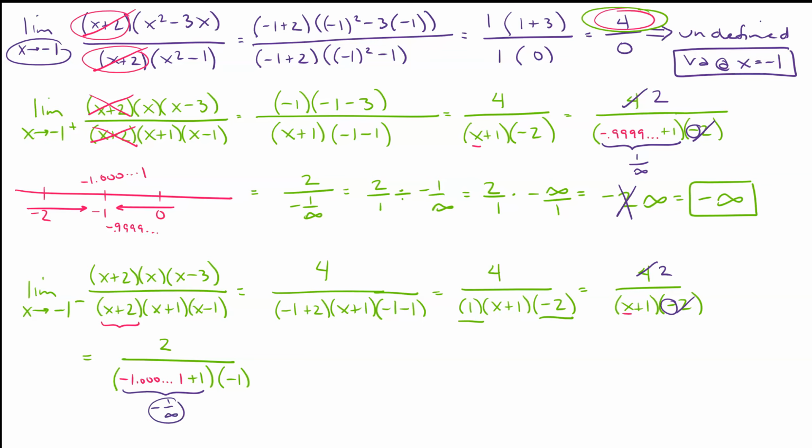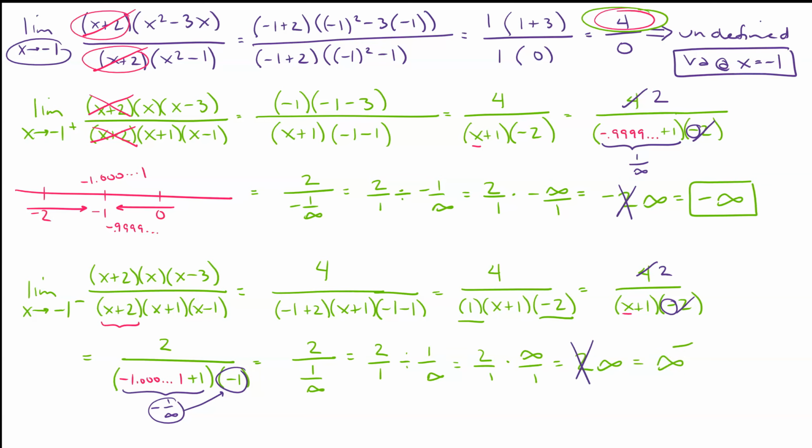Multiplying -1 over infinity times -1, I end up with 2 over +1 over infinity, which gives me 2 over 1 divided by 1 over infinity, which is 2 over 1 times infinity over 1, which is 2 times infinity. And in the world of infinities, multiplying by 2, it doesn't really matter.